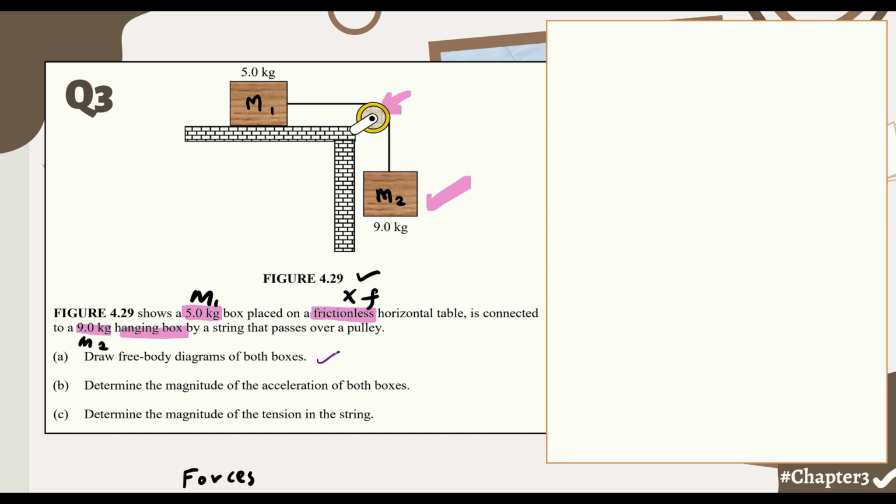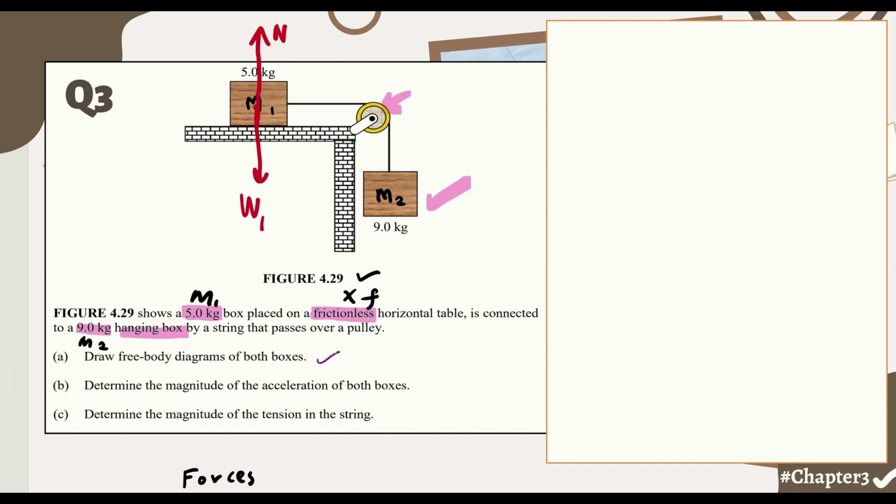Before we draw the free body diagram, we need to start by labeling the forces acting on each body. For M1, we have weight, which we label as W1. Normal, because it is in contact with the surface.